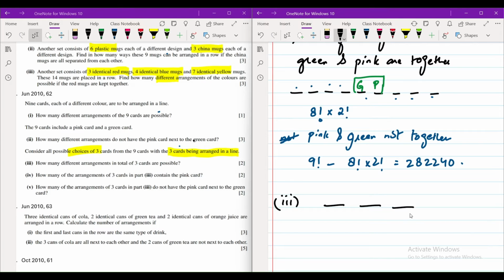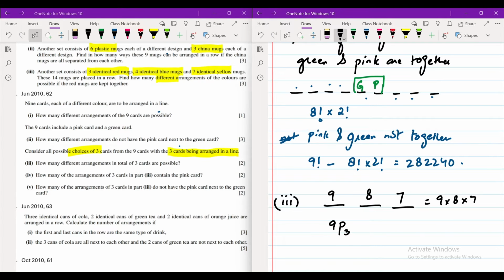different ways now. For the first place, we have 9 choices. For the second place, we have 8 choices. For the third one, we have 7 choices. So 9, 8, 7. Also, we can just do 9p3. Out of 9 choices, we need to arrange only 3.